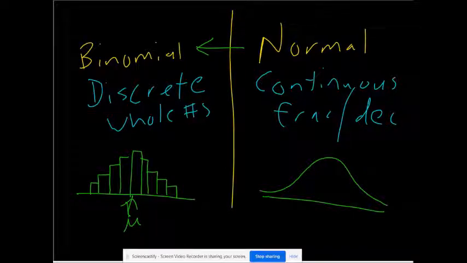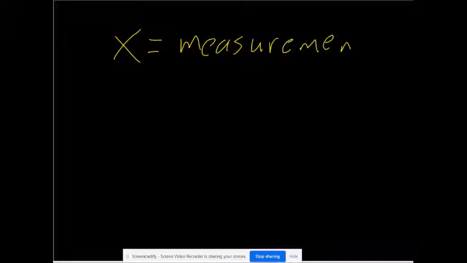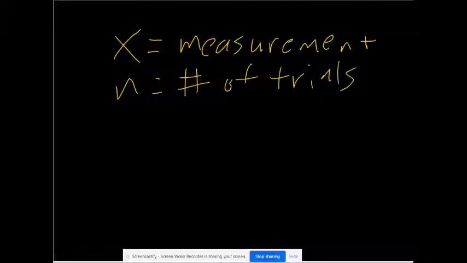So a couple things before we actually get into an example. So first, a couple of variables. We have x, our measurement. N is our number of trials. P is our probability of success.